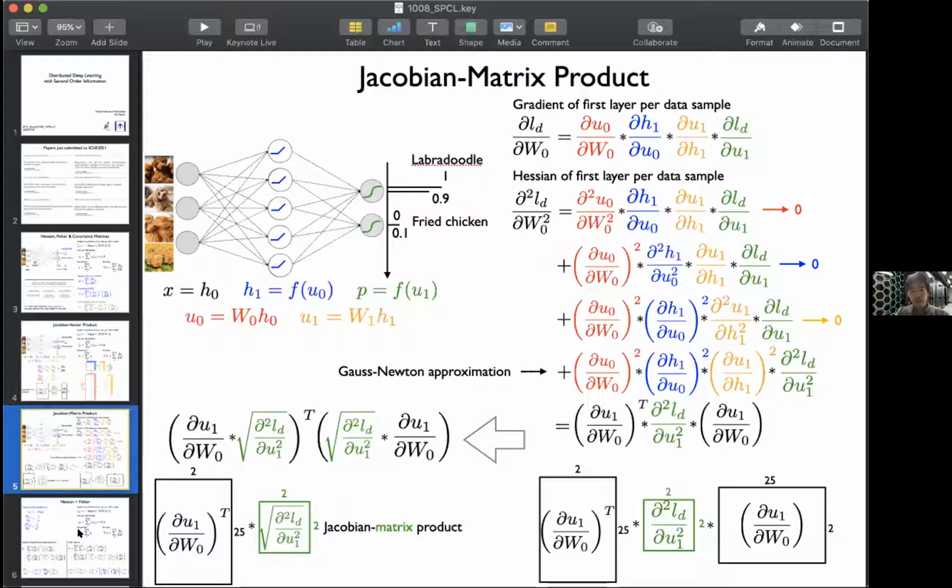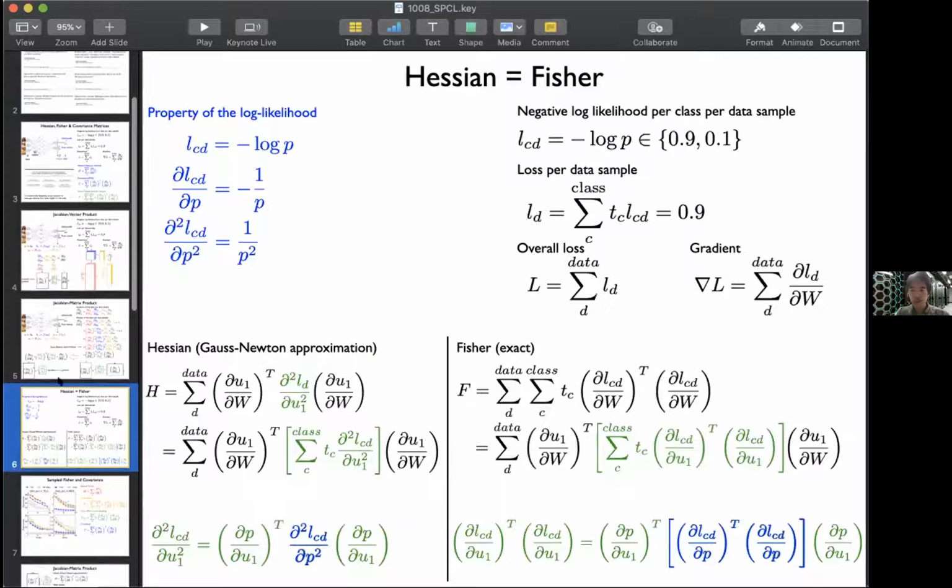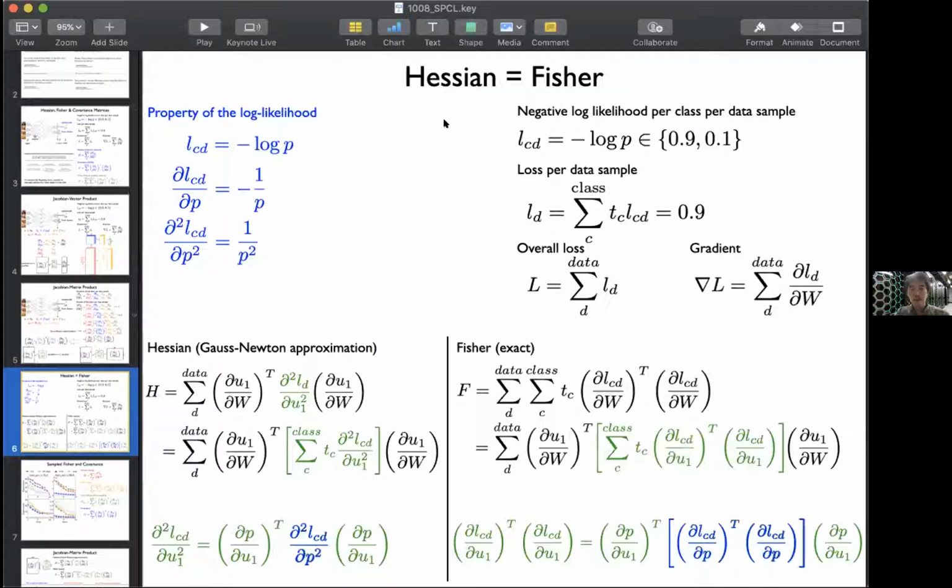Okay, so this is how you can compute an actual Hessian. There are faster ways to do this I'll describe later, but this is one way to do it. Okay, and then here I'm going to describe how the Hessian and Fisher originally look very different, right?